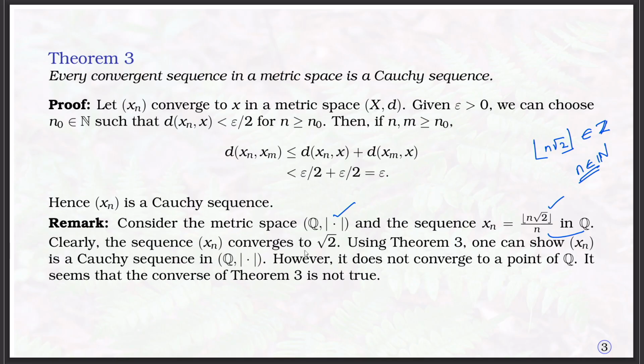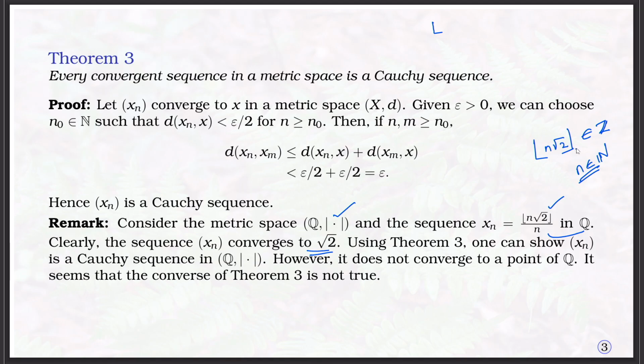Clearly, this sequence converges to root 2. So how does this sequence converge to root 2? We can prove it. Let us see what the floor function is. The floor function is the greatest integer function, that means the greatest integer which is less than or equal to the given number.